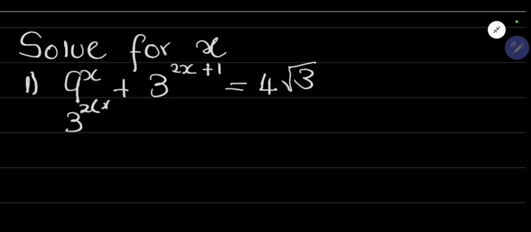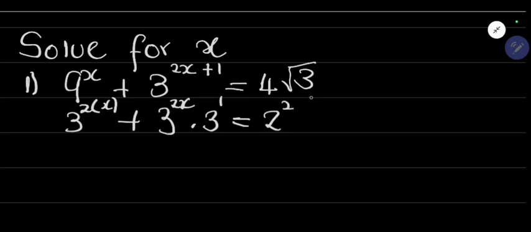Don't forget that this one is already a prime number base, but because we have 2x here, we might need to make 2x here as well, so that we can have a common factor. So 4 you can change to be 2 squared, and then 3, you can write it like that. I hope you guys get to understand this.